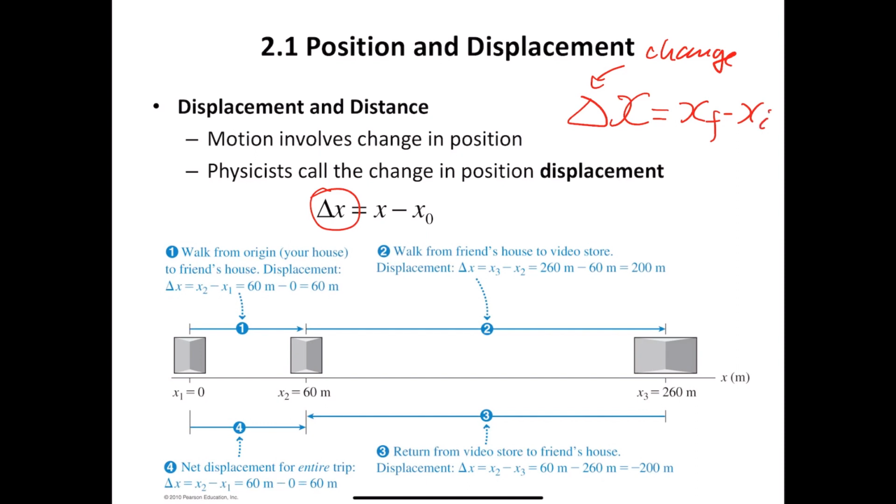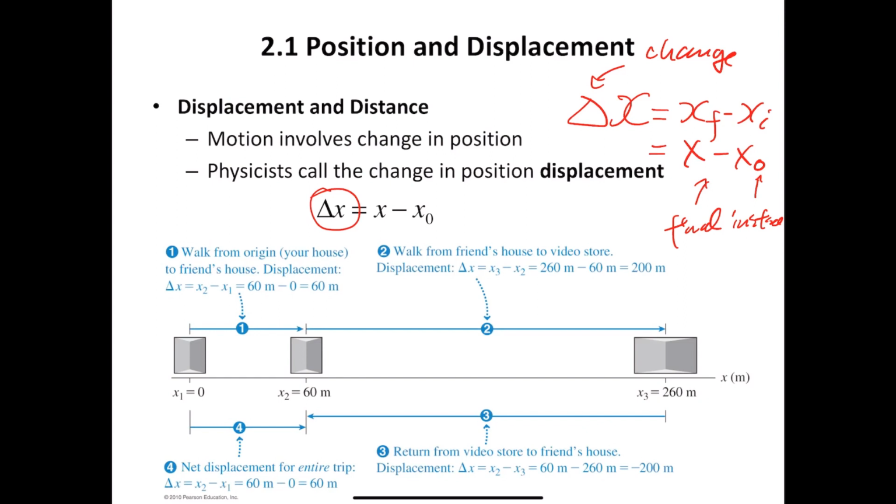It's fine. Some people write x minus x0. It just means this is the initial. So look at all the materials. They are sometimes very different, but you have to know this means initial and this means final. Always when you do change, you always do final subtract initial.